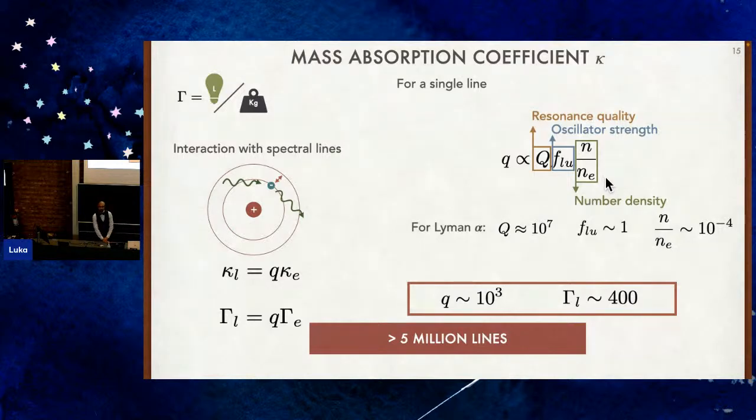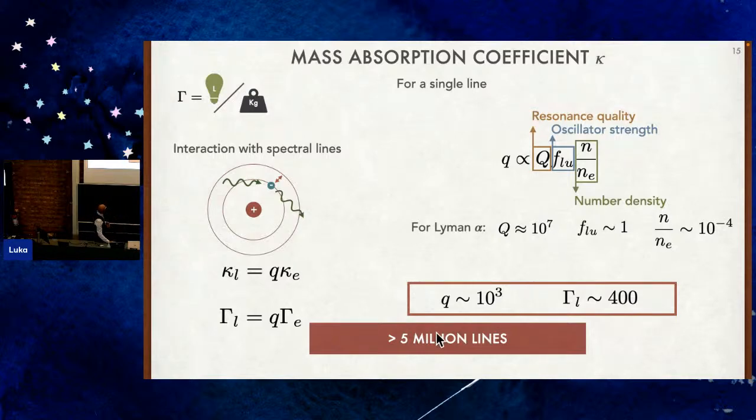Just to give some rough estimates, let's consider a line such as Lyman alpha, for which we know that this Q, or the resonance quality, is approximately 10 to the 7, so it's a very good resonance. It's a quite strong line, and we know roughly what the number density of hydrogen will be, and estimate that little q is on the order of 1,000.